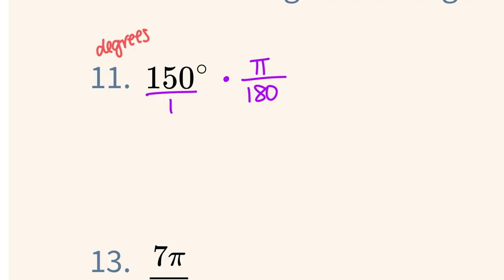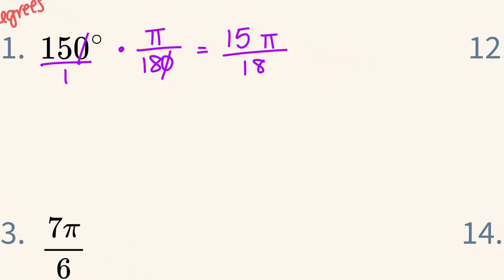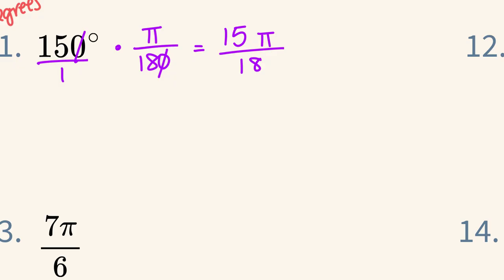Now, a couple things you could do here. You could cross simplify if you can, which I know I can. Why? Because these both end in 0. I could cancel out my zeros for both of these because then I know 10 goes into both. So now I have 15 pi over 18. Again, you have to simplify your answer. Can this be simplified more?